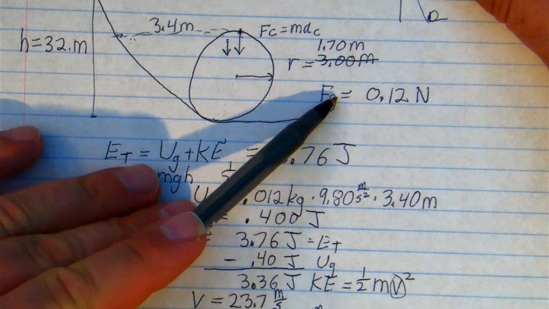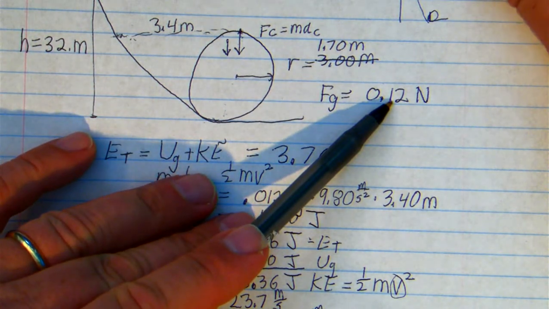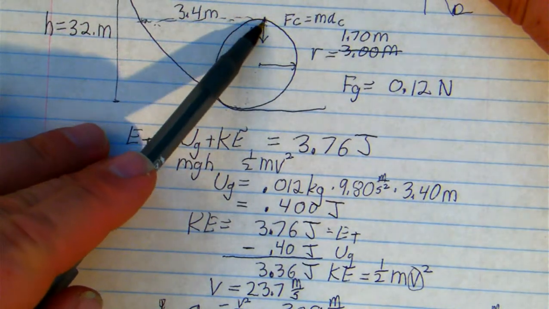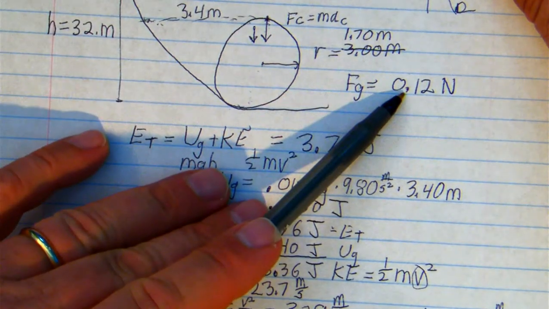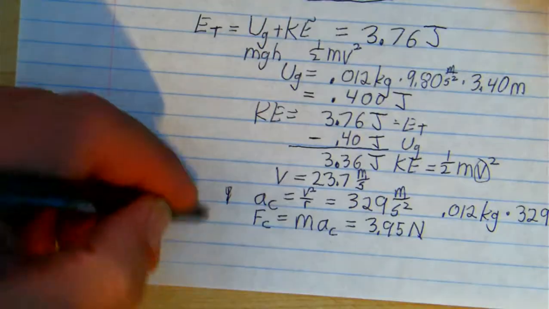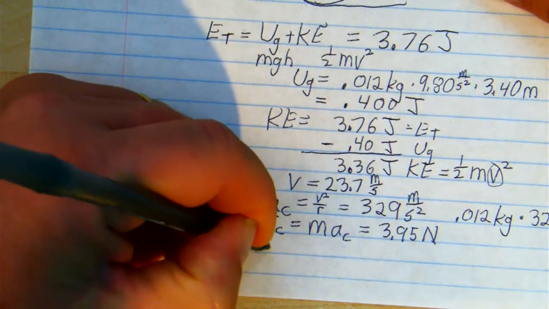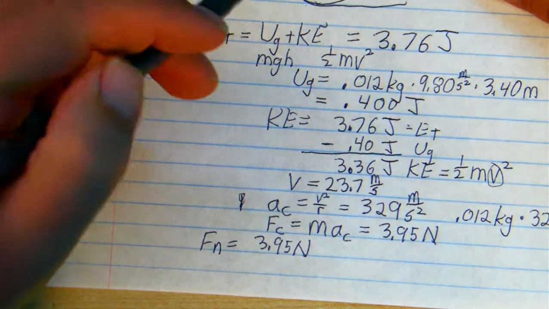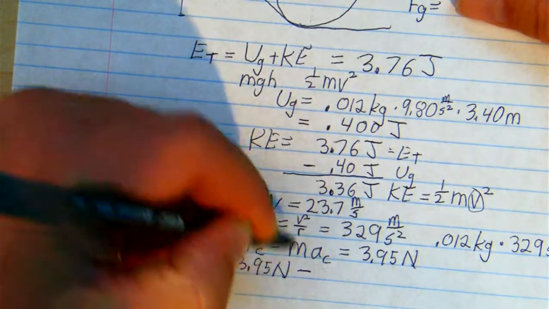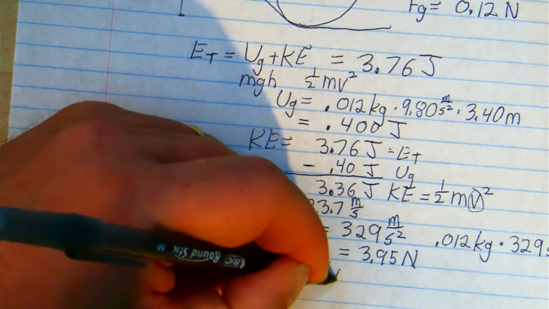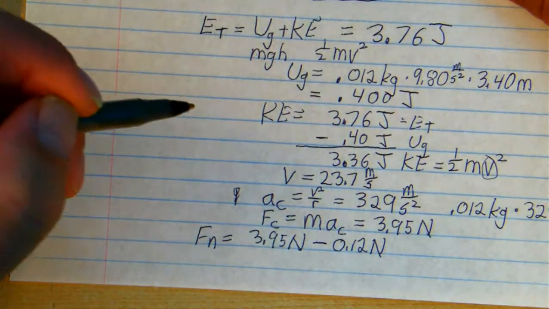Because the weight is already pulling the marble down by that amount, the normal force is reduced by that amount. So the normal force in this situation is the 3.95 newtons that we need to make that marble continue to move in a circle, reduced by the weight of the marble of 0.12 newtons, because gravity is helping by that amount.